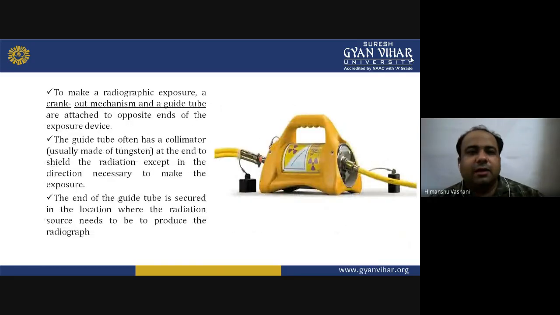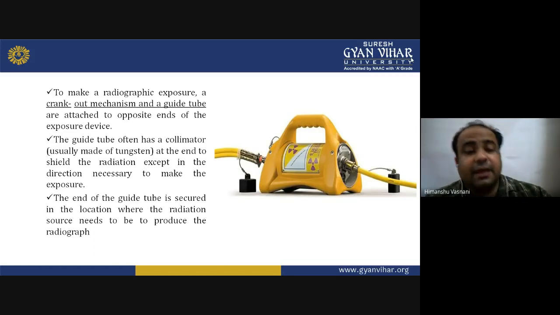To make a radiographic exposure, a crank-out mechanism and a guide tube are attached to opposite ends of the exposure device. The guide tube often has a collimator, usually made of tungsten, at the end to shield the radiation except in the direction necessary to make the exposure.